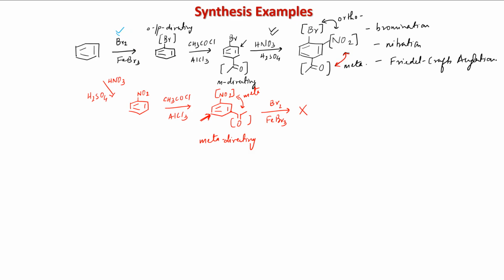So we do a bromination first to install the bromine group. Then we do a Friedel-Crafts acylation to install the acyl group, para to the bromine here, and then finally a nitration to install the nitro group, which is meta to the acyl group and ortho to the bromine group.